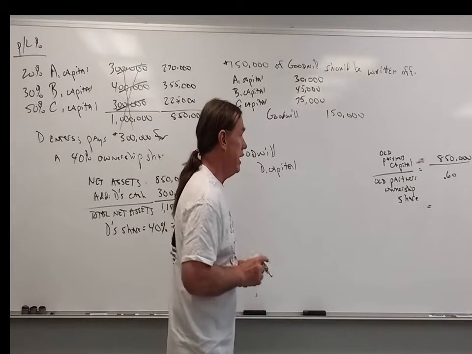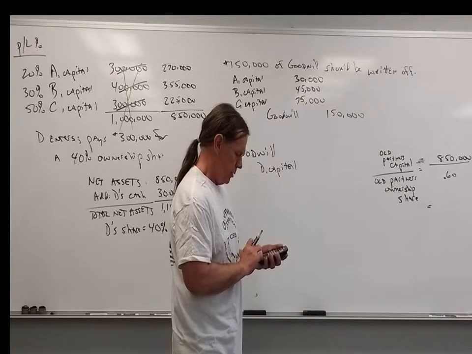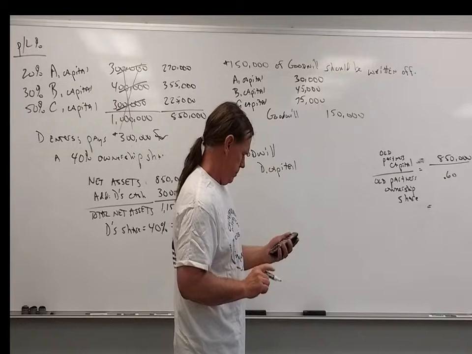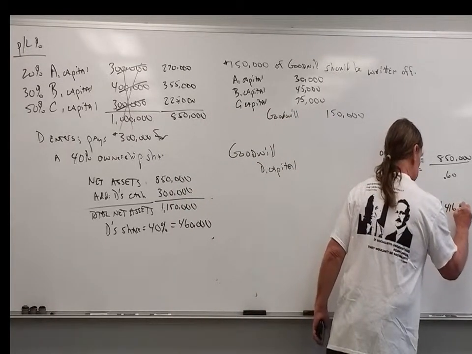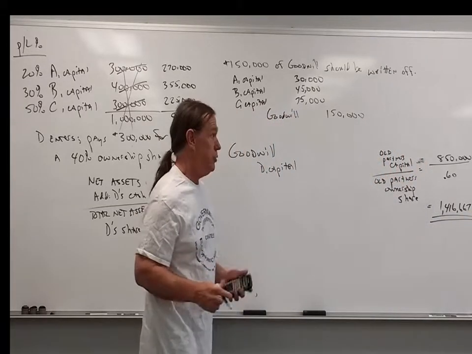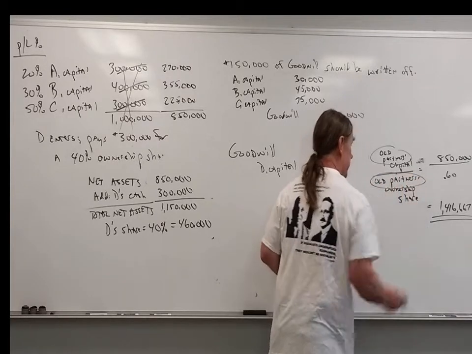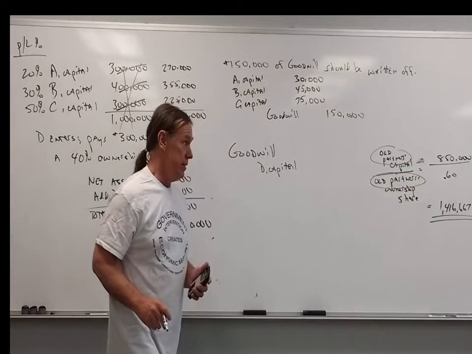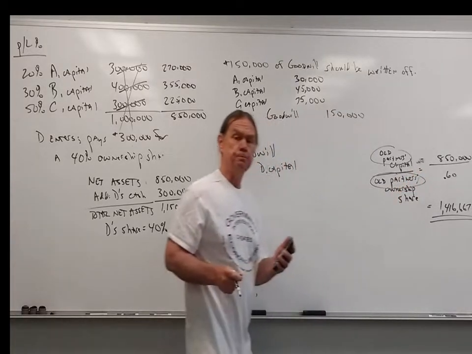So the implied firm value is $850,000 divided by 0.6, or $1,416,667. Again, the implied firm value based on the old partner's capital balance and the old partner's ownership share.